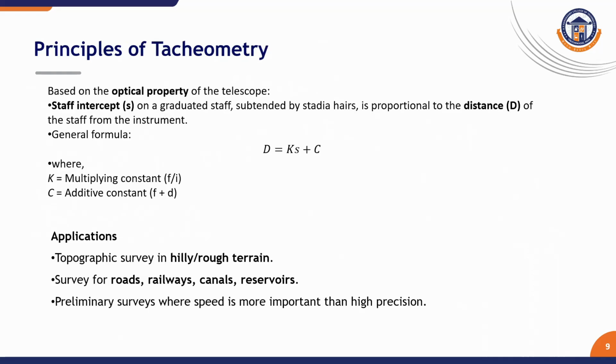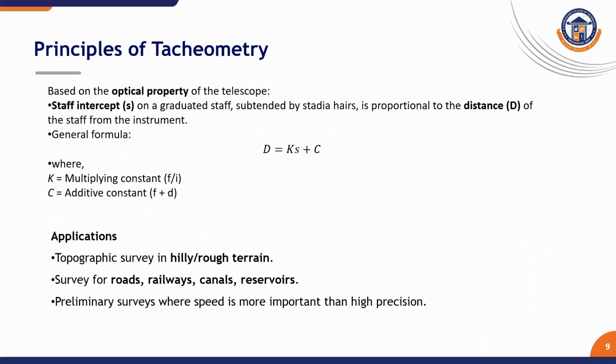The primary objectives of tachometry are twofold. First, to measure the horizontal distance between the points without physically measuring them. Second, to determine the reduced level. The principle of tachometry is based on the geometry of similar triangles. The tachometer's diaphragm has two additional horizontal hairs besides the central crosshair.